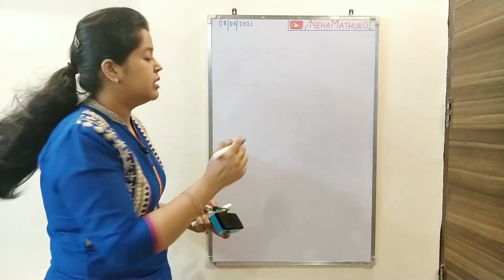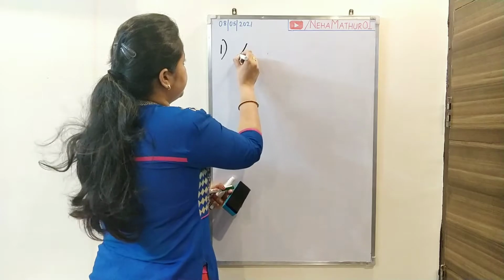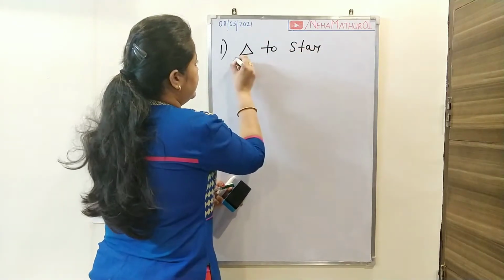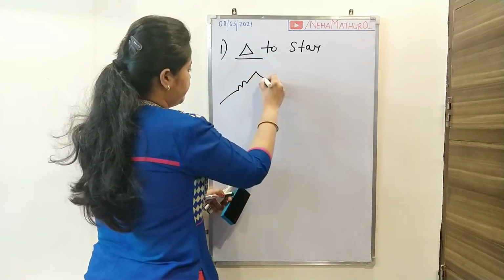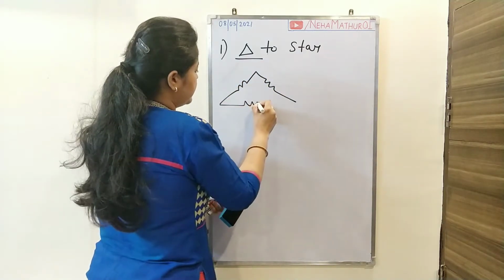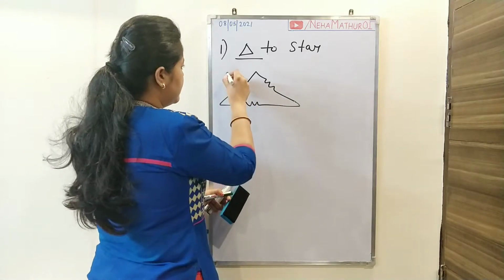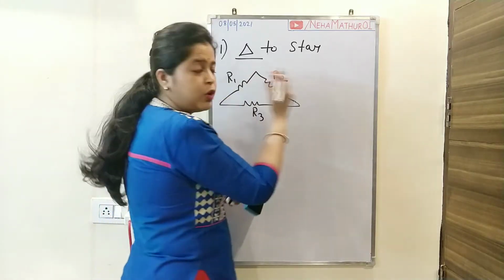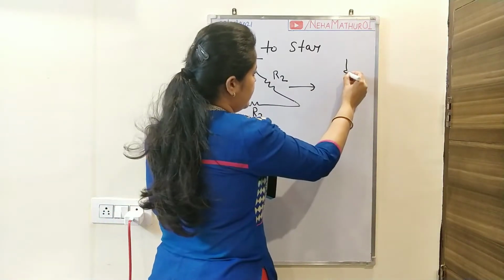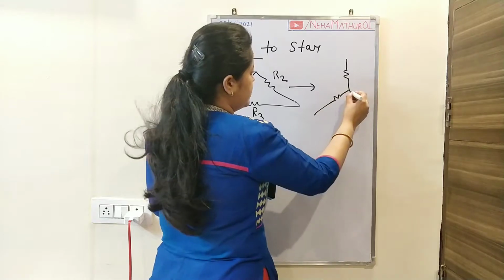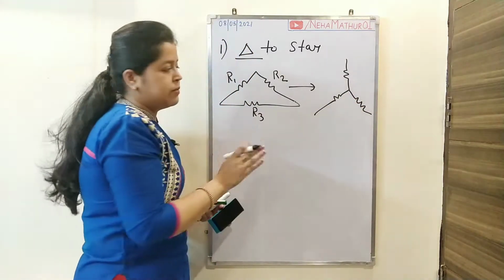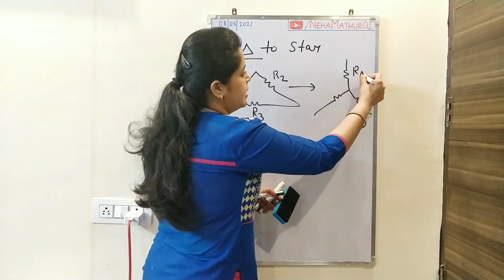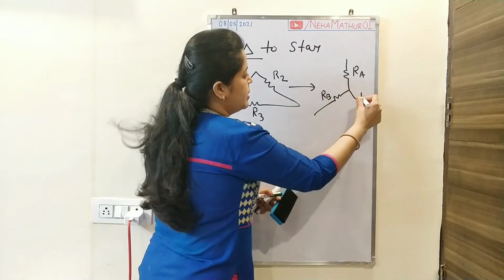So come to the first conversion, that is delta to star. Delta looks like this, three resistors R1, R2 and R3, and you want to convert those resistances into a star. Now just to avoid misunderstanding, I am taking a different representation RA, RB, RC.